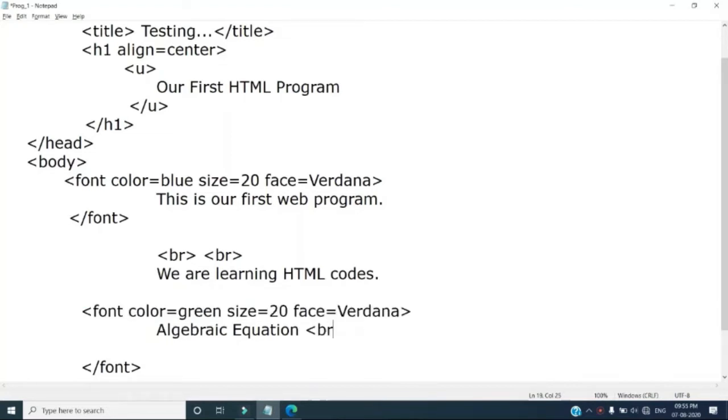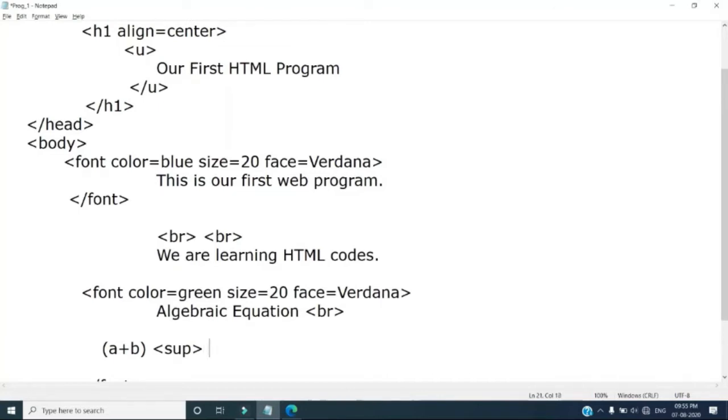Now we want to display our algebraic equation. Our first equation was (a + b)². So we will write a plus b whole square. We know 2 is superscript, so we will keep 2 inside SUP.